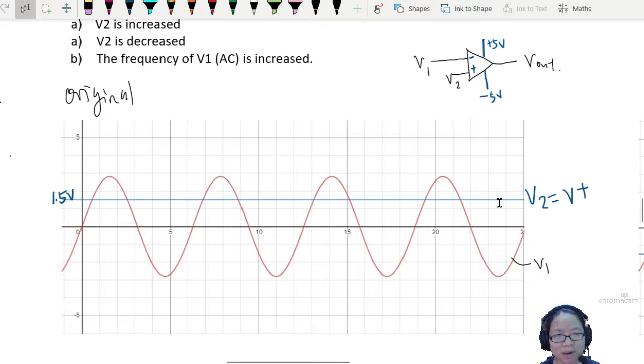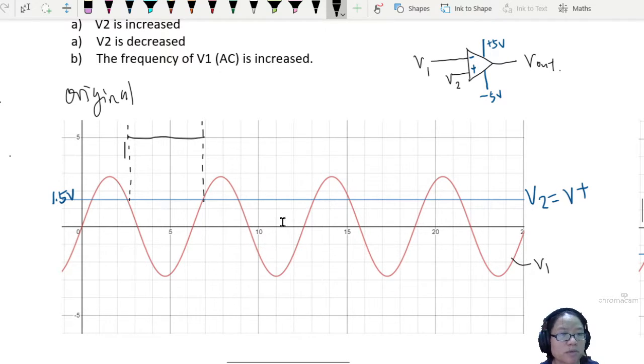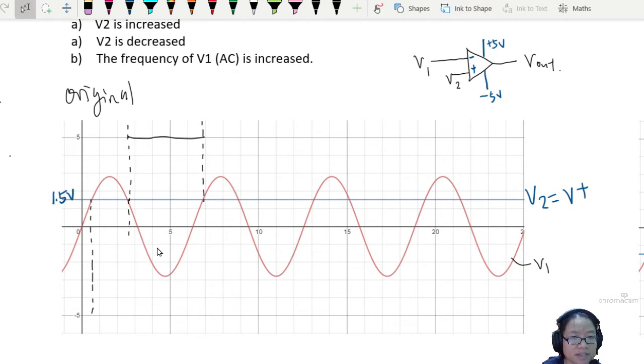So when comparing them, whenever the blue line is above the red line, the V out is positive. So say from here to here, roughly speaking, your V out is positive 5. And whenever the blue line is below the red line, say from here to here, your V out is negative 5 because your op-amp will saturate.